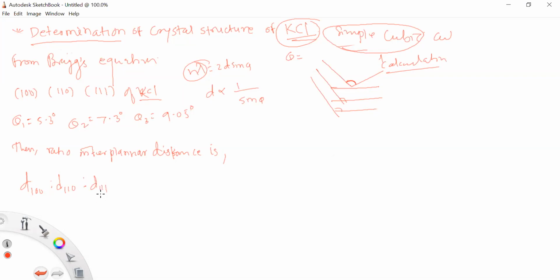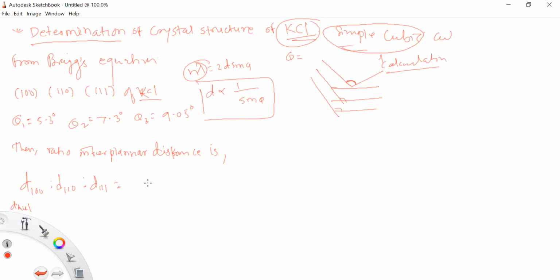So this is the value of HKL. यालाच आपण जनरली कसं लिहितोय, d HKL. So HKL म्हणजेच these values 1 0 0, 1 1 0 and 1 1 1. Okay, so this is the distance, and from these equations, या equations वरून आपल्याला कसं लिहिता येईल.